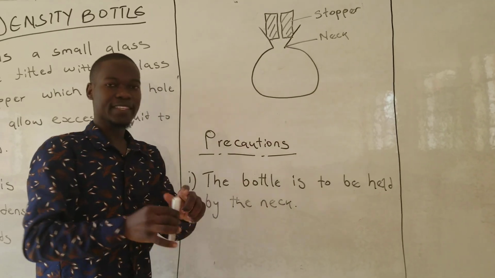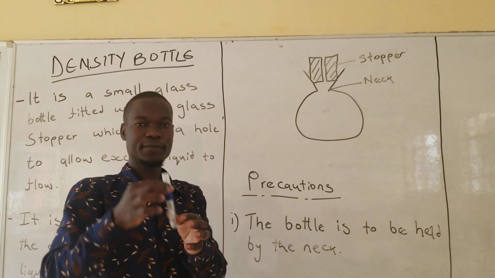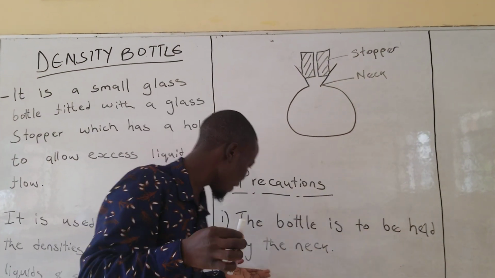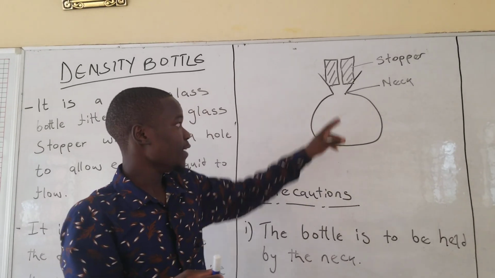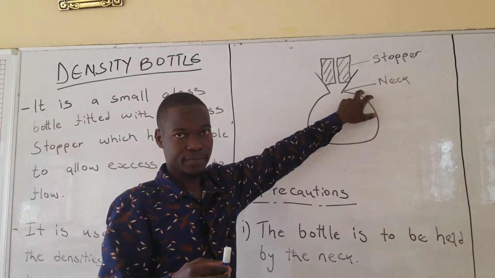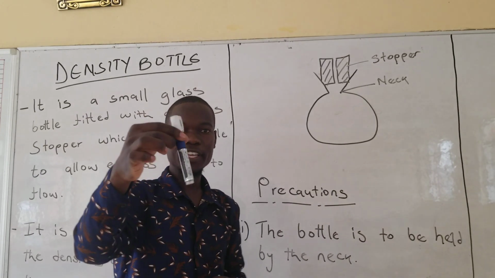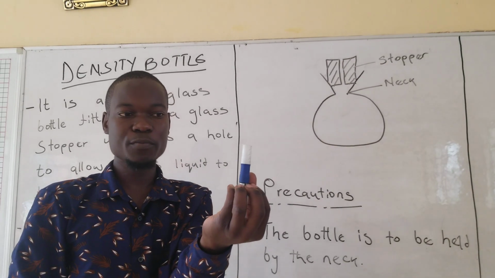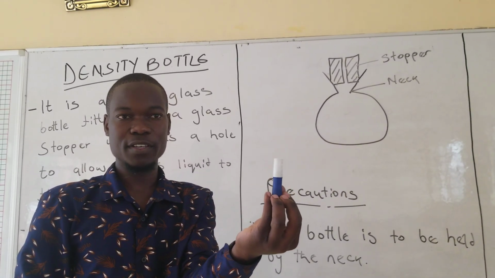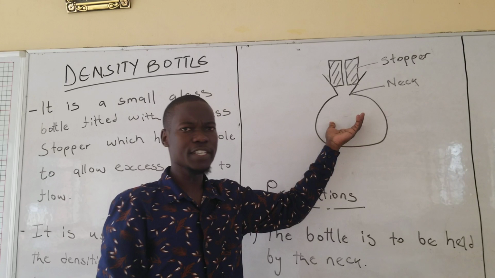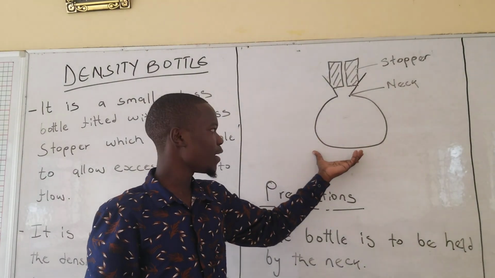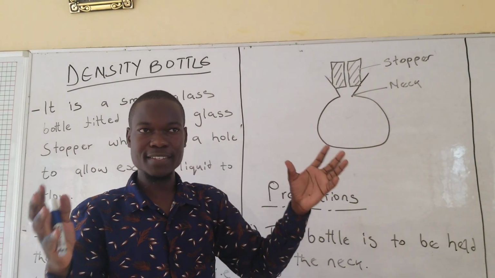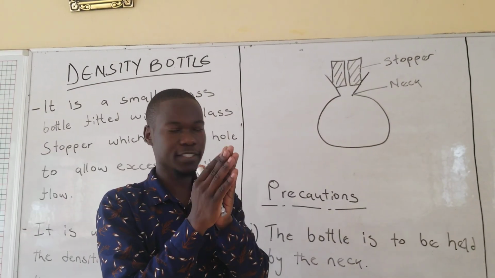So let's assume that this is my density bottle. This precaution says the bottle is to be held by the neck. The density bottle here has a neck. So I'm supposed to be holding my density bottle this way, not this way. Why am I not supposed to be holding it using my hand this way? Because the density bottle is made of glass, and glass can expand and at the same time glass can contract.